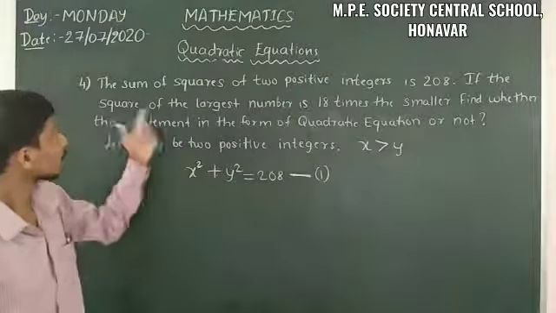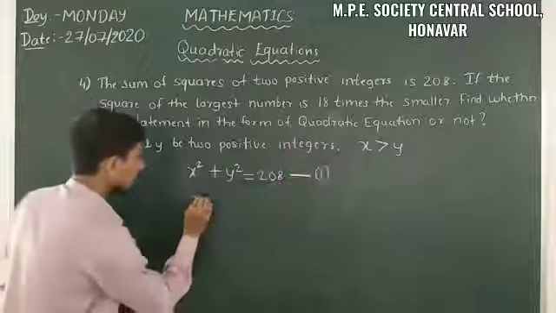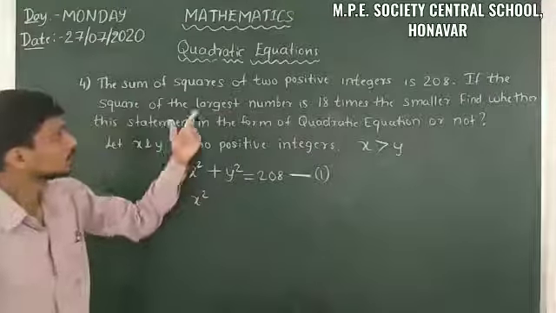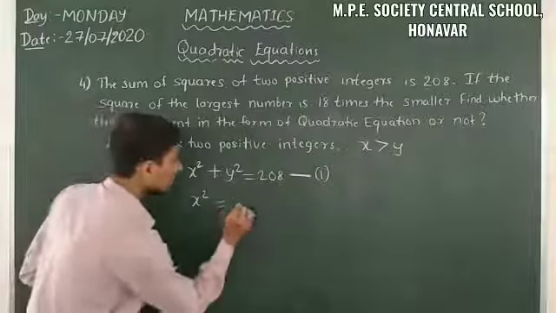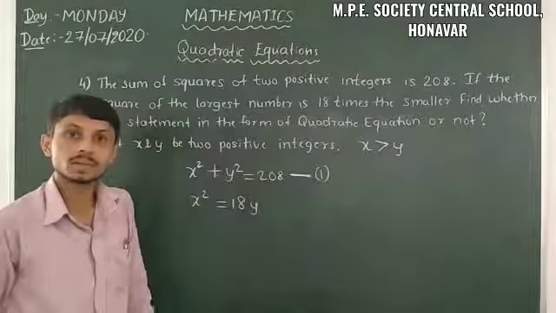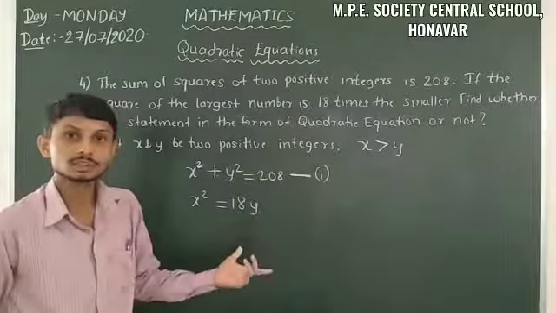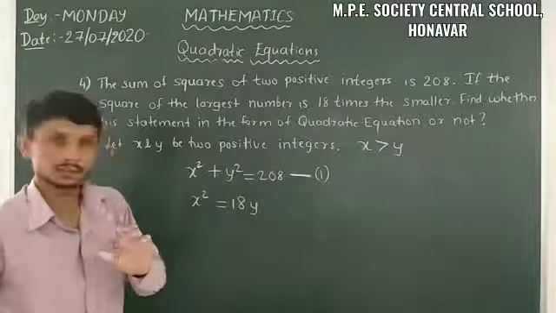The square of the largest number, what is the largest number here? x. That means x square is equal to 18 times the smaller, and the smaller number is y.